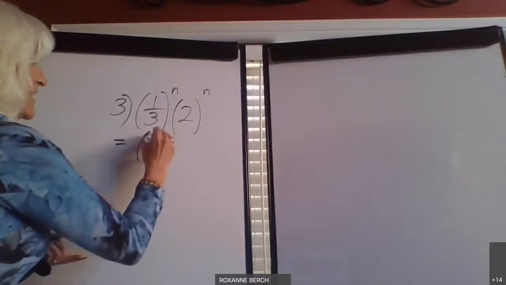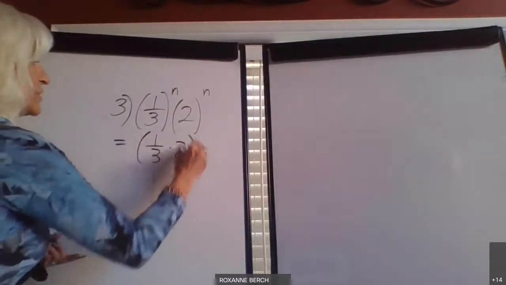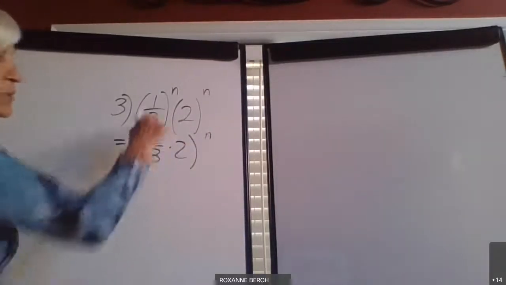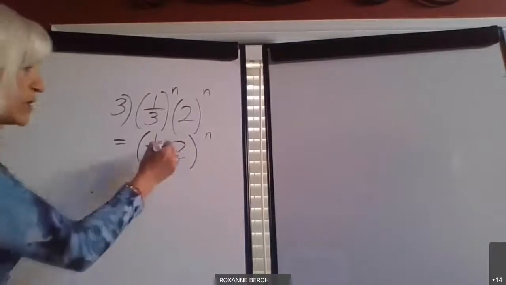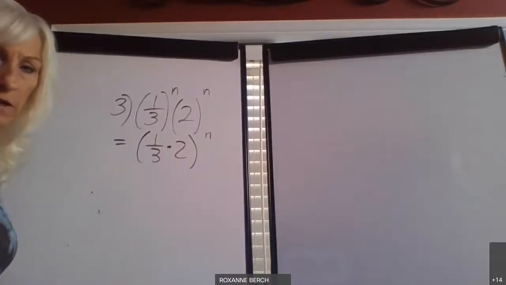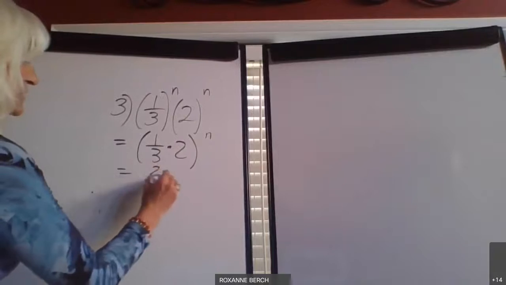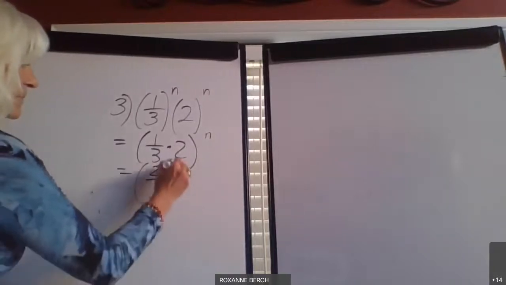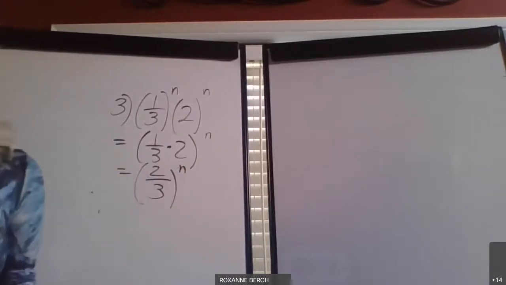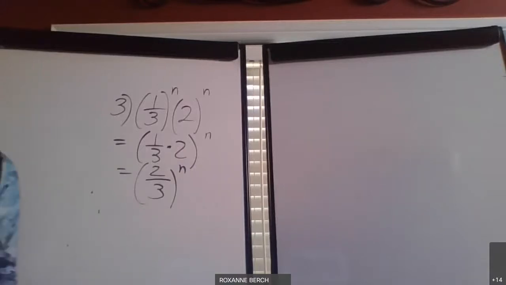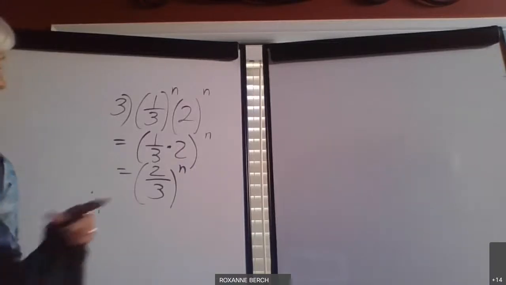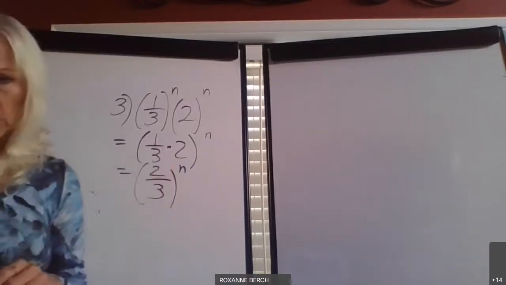So this can be written as 1/3 times 2 to the n, because this equals that, right? Because you have to distribute the power across a product. And this would be 2/3 to the n. So that's what the rule is for number 3, where n is greater than or equal to 0.